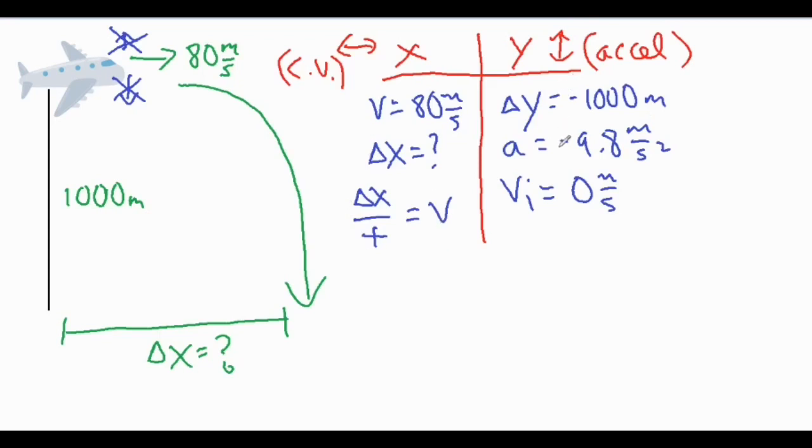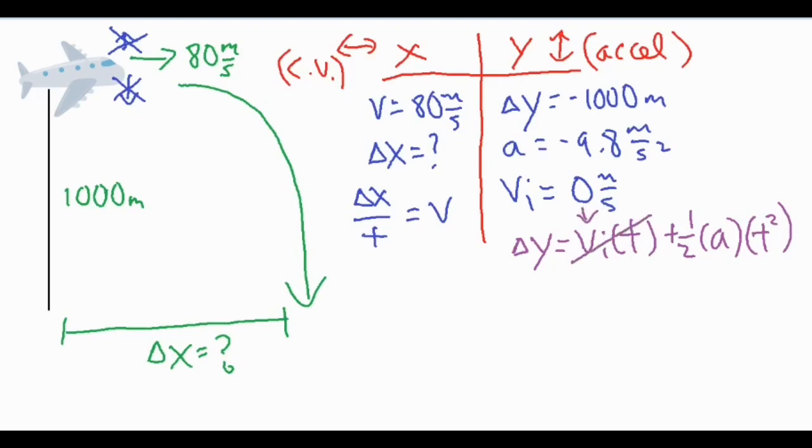So based on the values we have, we are going to use the formula delta y equals v_i t plus 1/2 a t squared. Because of this 0 being plugged in here, we can go ahead and cancel out this first part because it's all going to go to 0 anyway. So let's go ahead and plug in the values we have and then solve for our time.